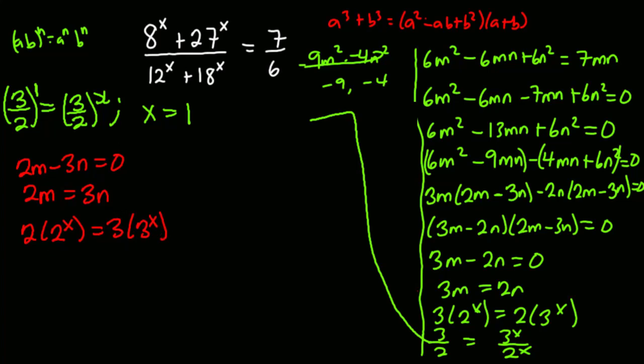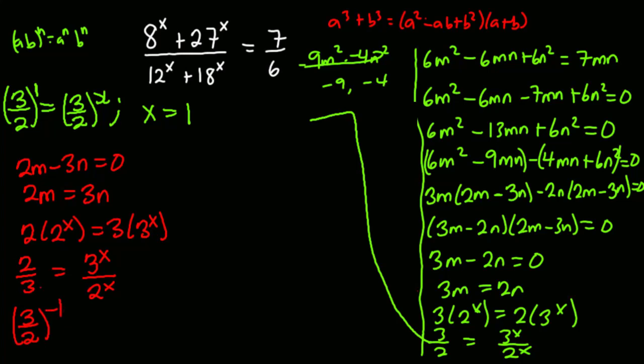And so rearranging this gives us 2 on 3 is equal to 3 exponent x divided by 2 exponent x. Now 2 on 3 is the same as 3 on 2 exponent negative 1.